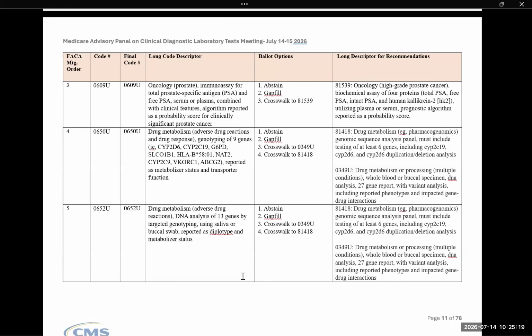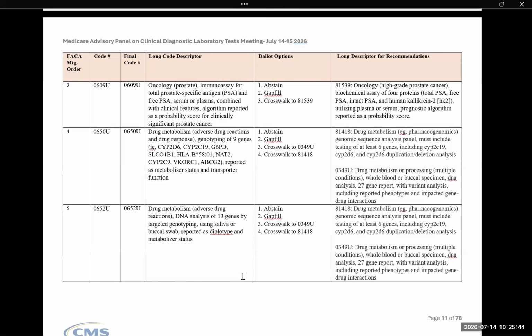The gene list is undisclosed, and an alternative, again, similar to the prior code, is 0349U. So my recommendations are crosswalk to 81418, crosswalk to 0349U, gap fill or abstain.